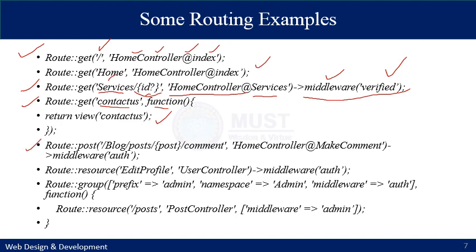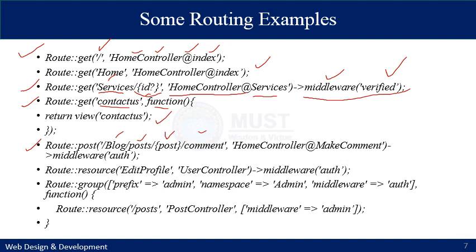If you look at the next example, it is a route with the post method, and it says that you have a path called blog slash post slash a placeholder. That means you want to specify a number of a post or a name of a post, and then you want to access the comment of that ID of the post.